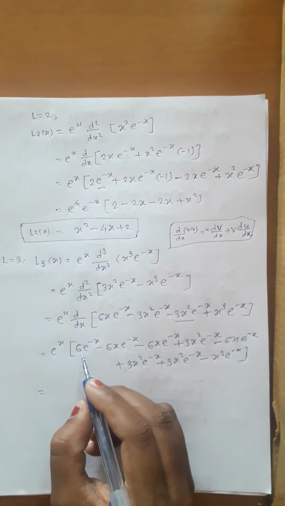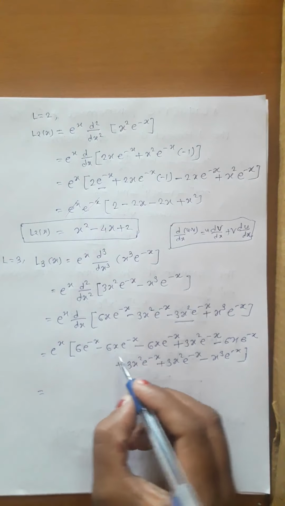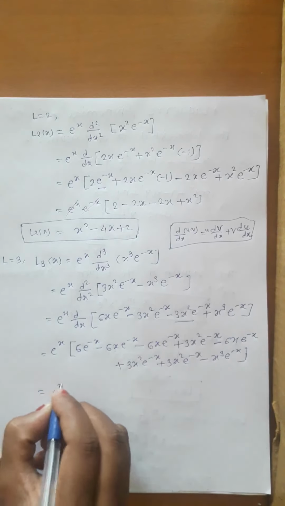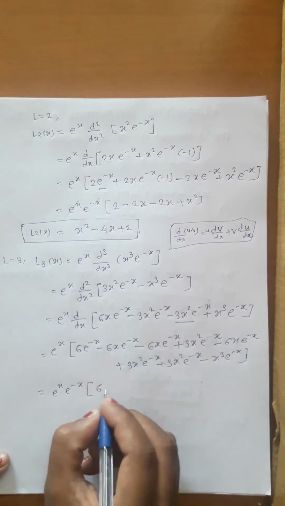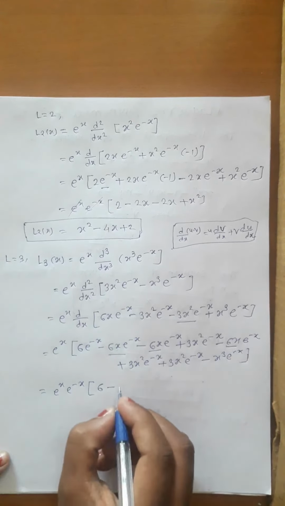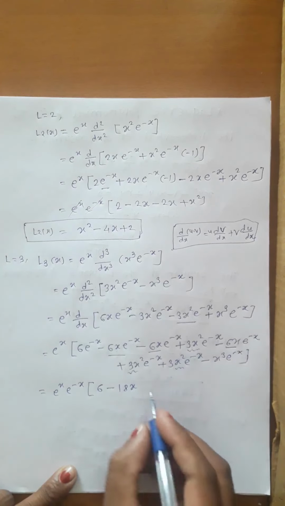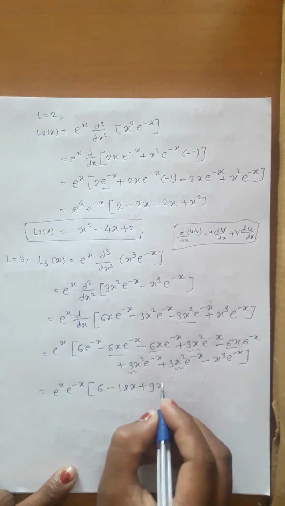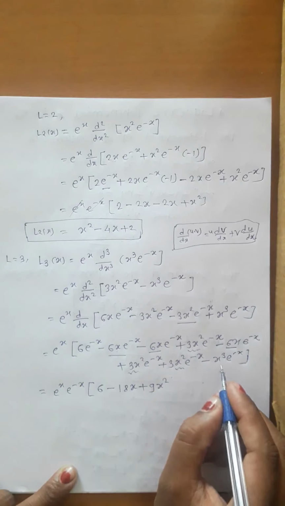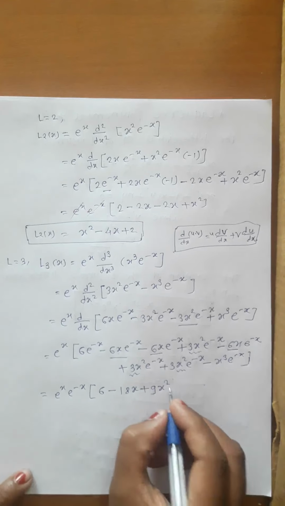Now this 6 e raised to minus x, 6x e raised to minus x, e raised to minus x will be common, e raised to x into e raised to minus x, then 6 minus 6x minus 6x minus 6x will be minus 18x, then 3x square will be plus 9x square, minus x cube.